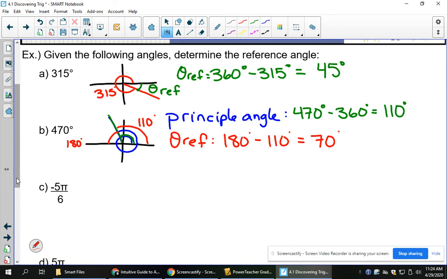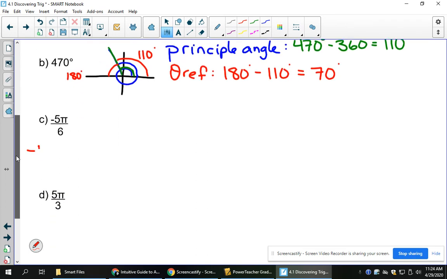Now, the next one is in radians, and we don't have enough practice yet to know how many radians this is, how far this is on a circle. So we're going to start by thinking in degrees. This is negative 150 degrees, and we'll think through it, and then we can do the calculations in radians.